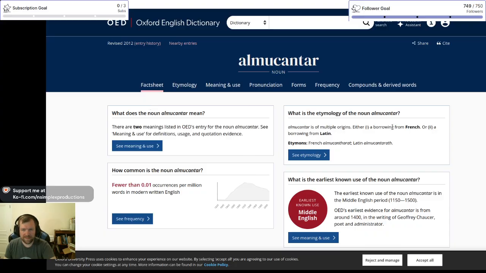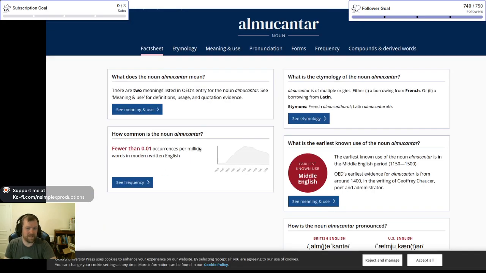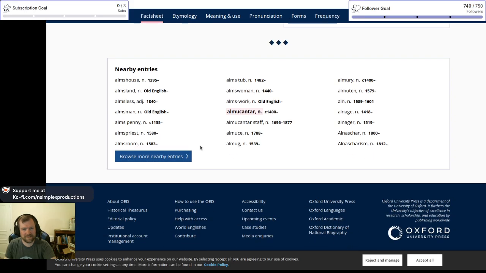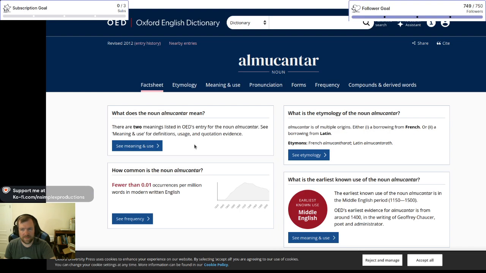Really? Of course not. No, I'm sorry. That information is locked behind a paywall. No. In Middle English period, earliest known use, between 1150 and 1500. Thanks. Geoffrey Chaucer, poet and administrator.